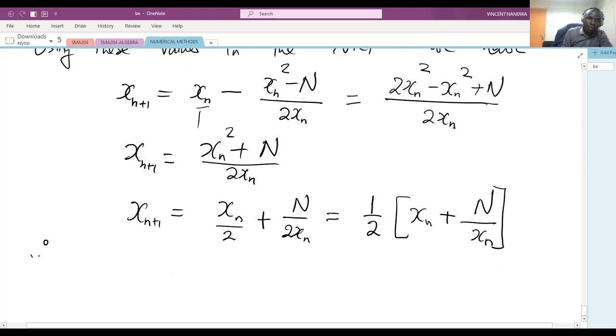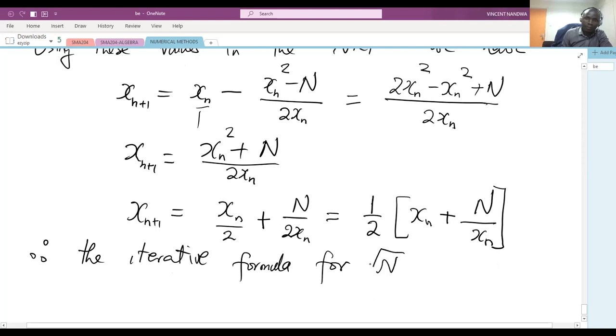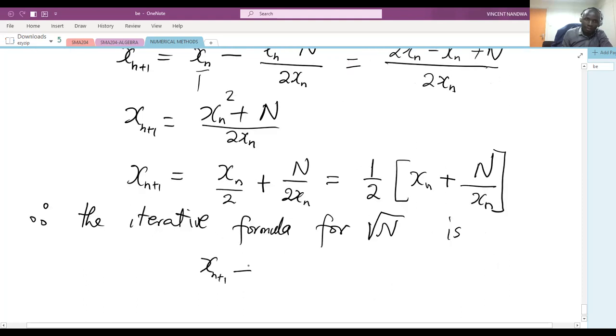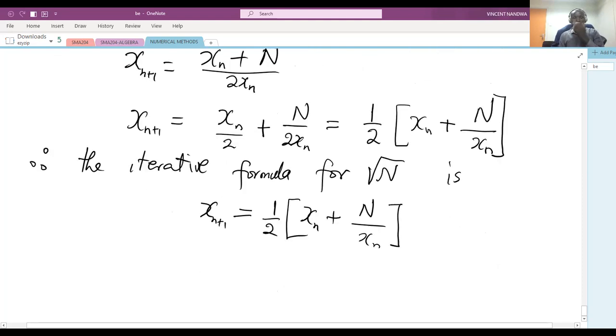Therefore, the iterative formula for root n is xn plus 1 equals a half into xn plus n over xn. So finding root 8 implies our n is 8.